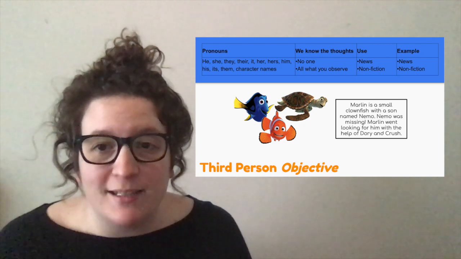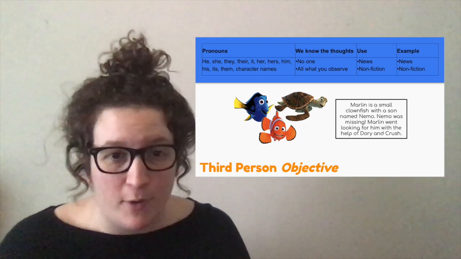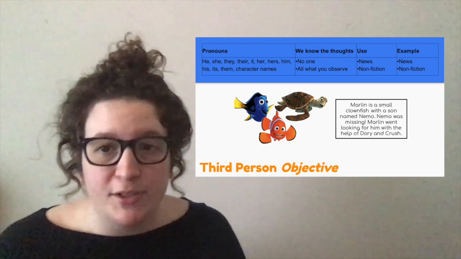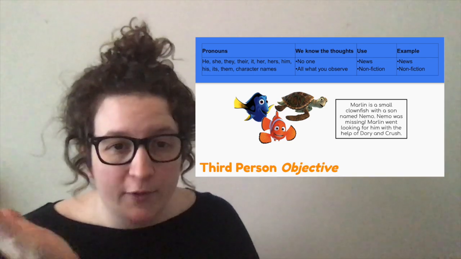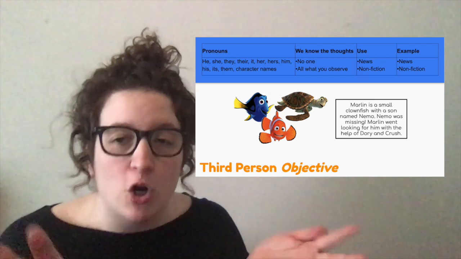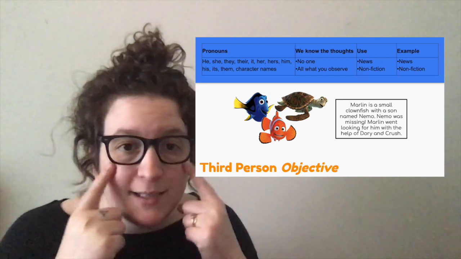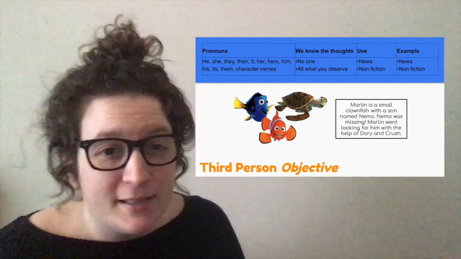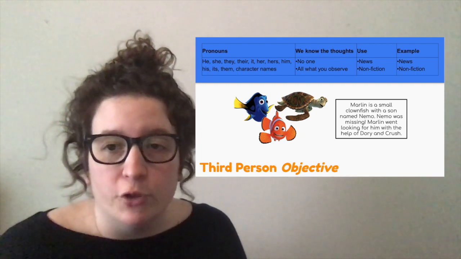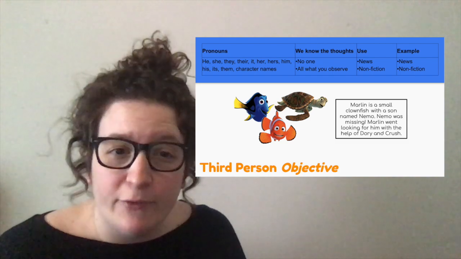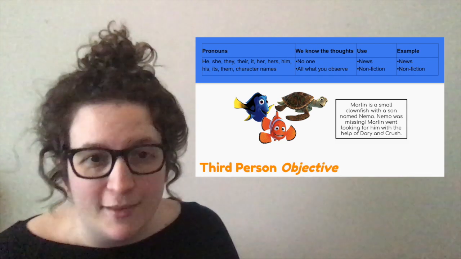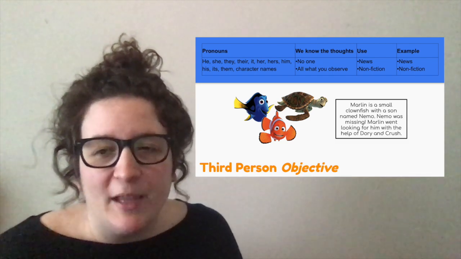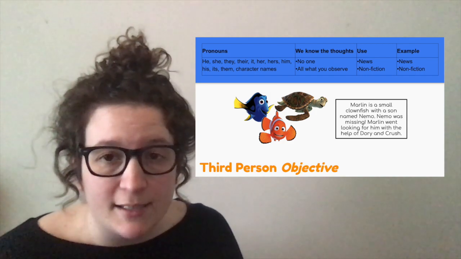So in objective, we don't know the thoughts of anyone, okay? We only have observations. Okay, so observations, objective. We can only see what you could see with your eyes. We don't have any thoughts of the characters. Some of the places where this is used are the news. It's also used in nonfiction writing, so also the news is nonfiction. And those are the examples that we have of where we've seen this as well.